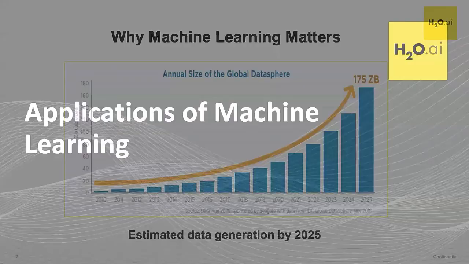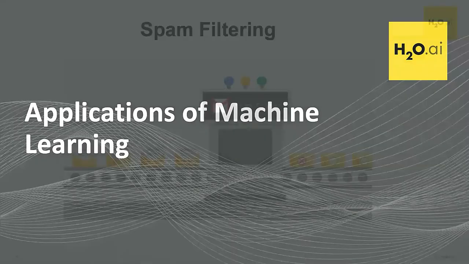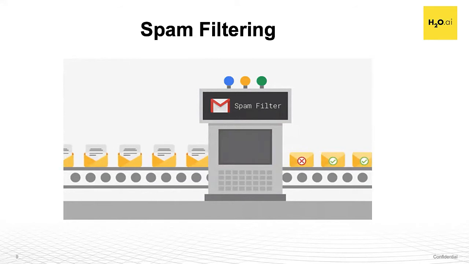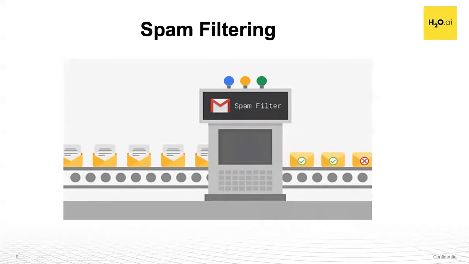Let's look at some of the common everyday use cases of machine learning just to get things rolling. Spam filtering: I think all of you witness this machine learning use case every day via your inboxes. Of the email that is sent worldwide, and the ones which are going to be sent over the next 24 hours, around 70% are spam.